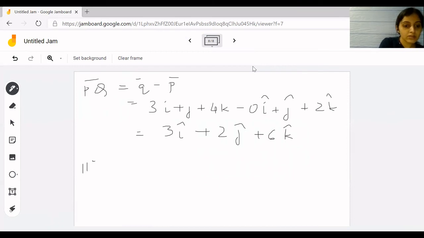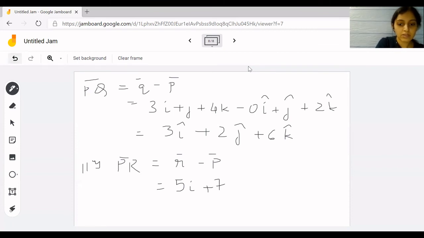Similarly, we can find PR bar, which is R bar minus P bar, equal to 5i plus 7j plus k minus P bar, that is 0i plus j plus 2k.